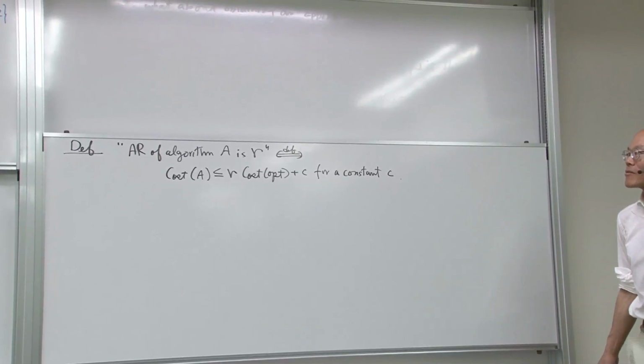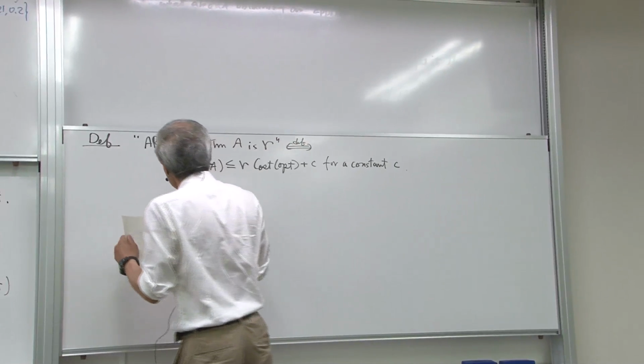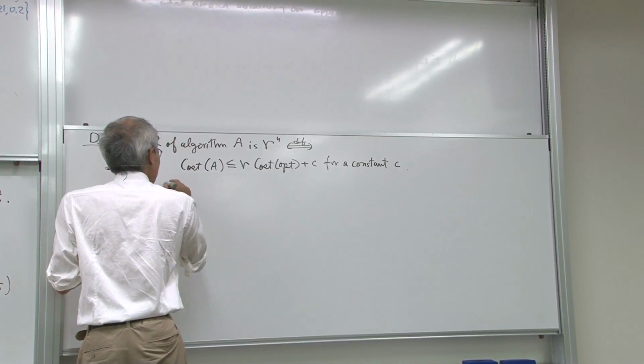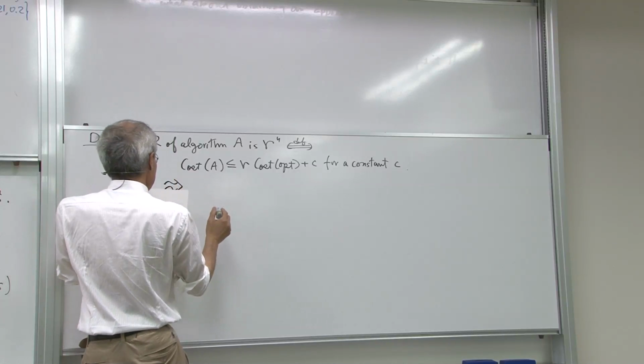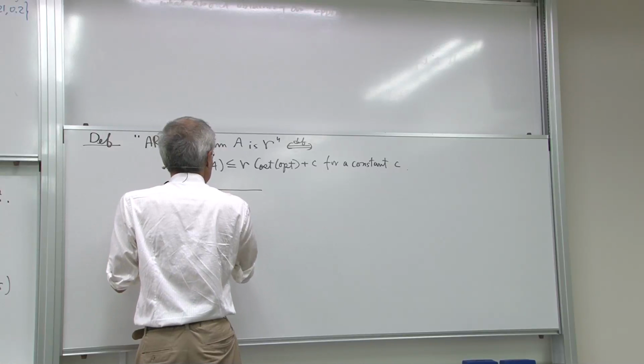So we use the constant C. This approximately means R times the optimal cost.